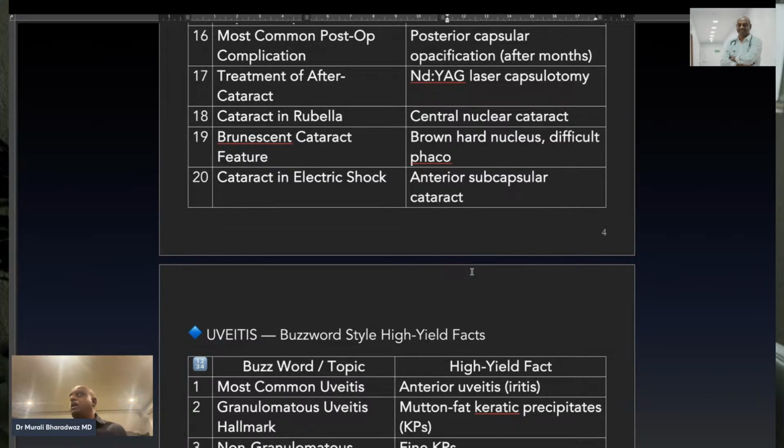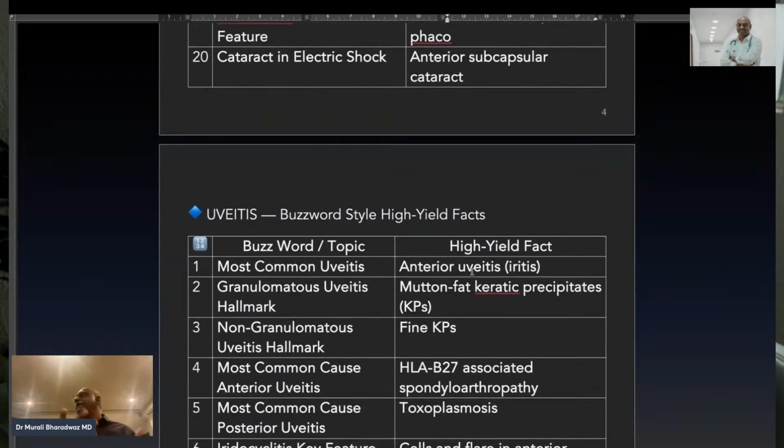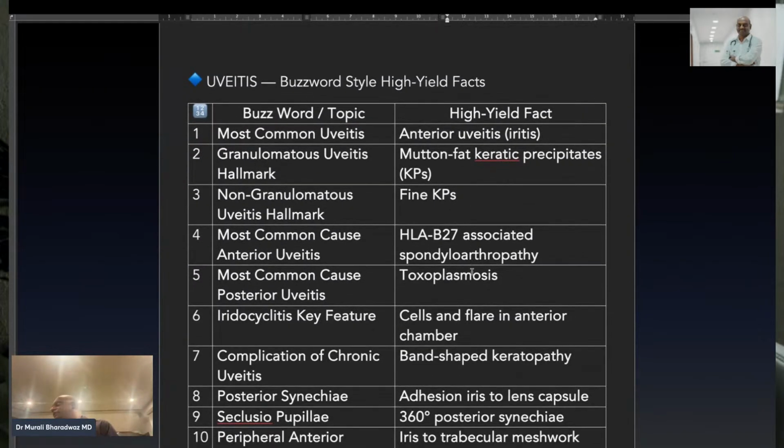It is a brown hard nucleus, and doing phacoemulsification is very difficult. Whenever electrical shock is there, you get anterior subcapsular cataract. Steroid intake is posterior subcapsular, while anterior subcapsular is hypoparathyroidism, and even electric shock.